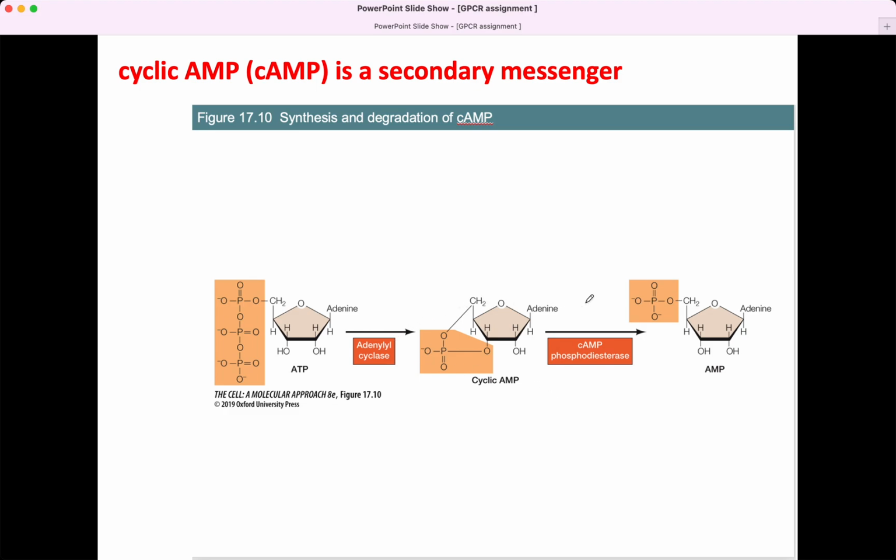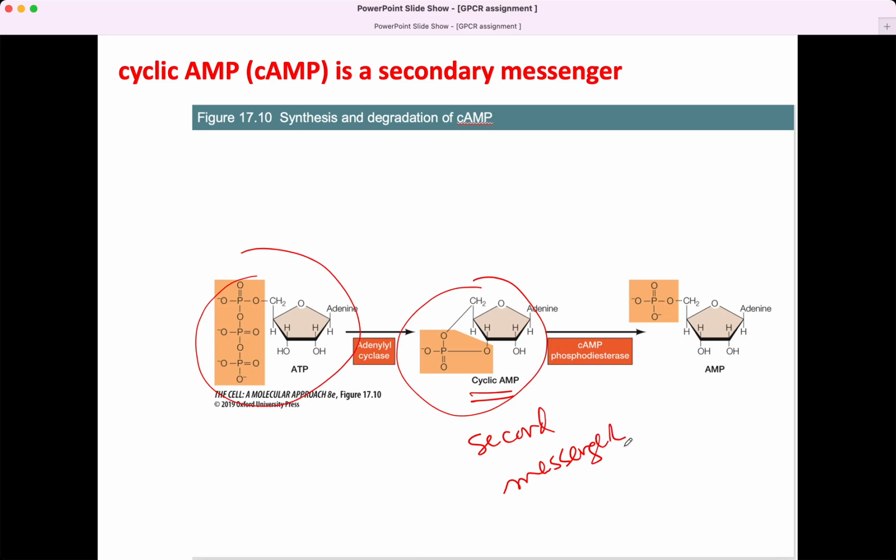The book also shows this is ATP and this is cyclic AMP, the second messenger. We don't need to know the structures of these, not in your wildest dream. We just need to know that adenylyl cyclase is activated by a G protein and stimulates the synthesis of this cyclic AMP second messenger that can float throughout the cell, throughout the cytoplasm, in our case, of the muscle.